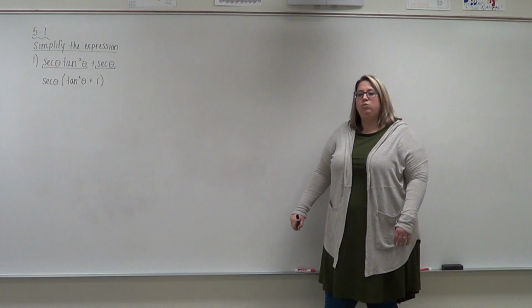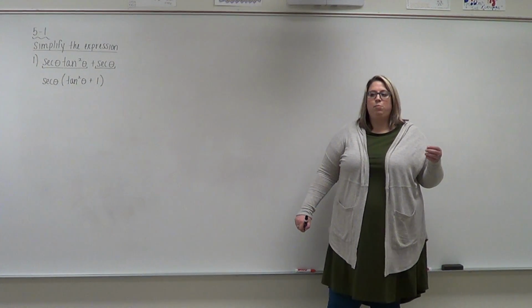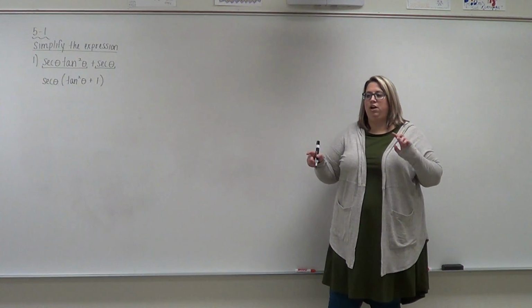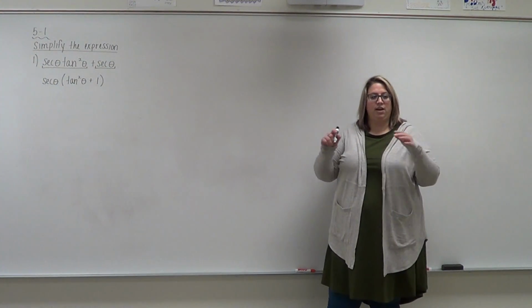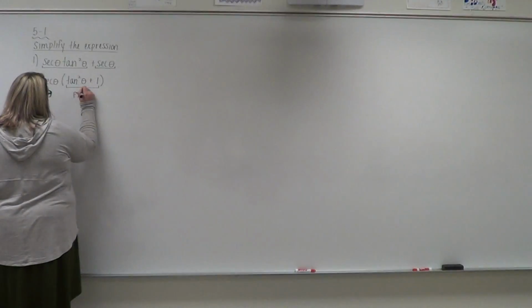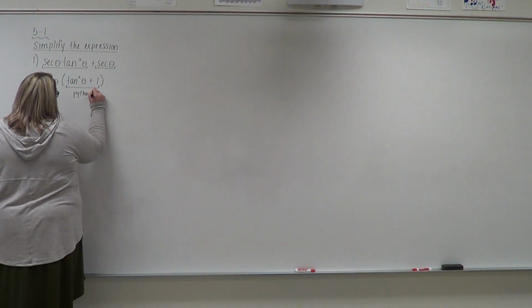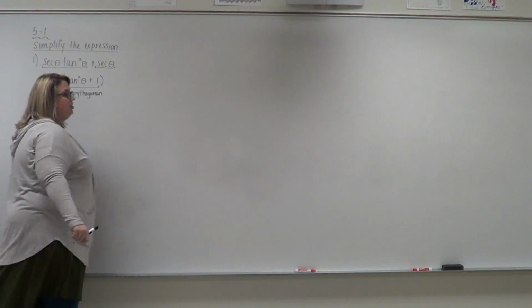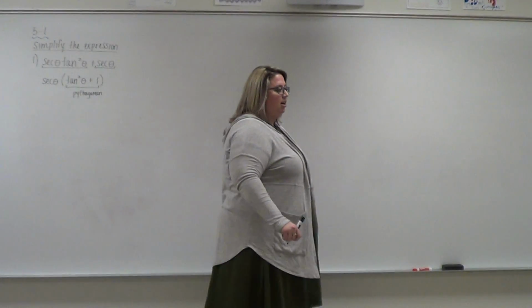Okay, anytime you see squares, especially if you see squared plus 1 or 1 plus a squared or a minus, when you see something like this, always look at your Pythagorean identities.